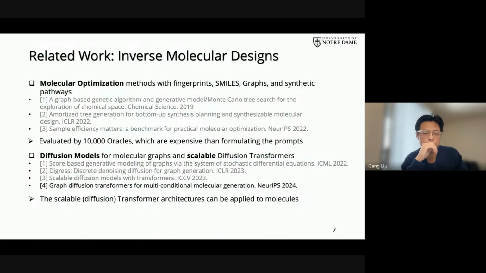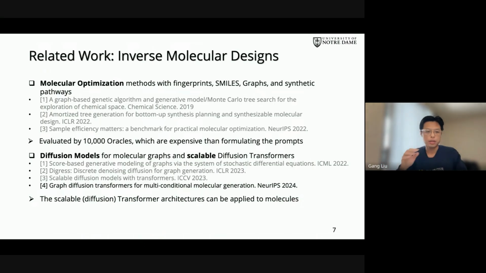And then go back to the related work about inverse molecular designs. There are two lines of work. The first is the molecular optimization methods. There are plenty of such methods. For example, the NeurIPS 2022 work called the sample efficiency methods, a benchmark for practical molecular optimization. This work benchmarked more than 12 methods.